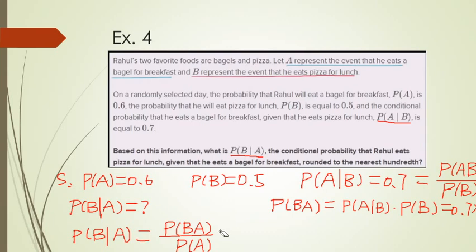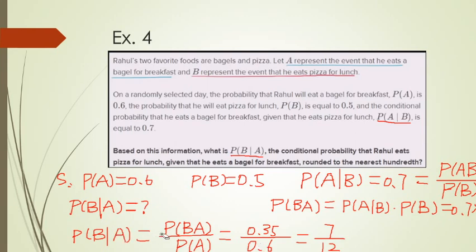So it is 0.35 over 0.6, and the answer, 35 over 60, will be 7 over 12. Just keep it as a fraction, okay?